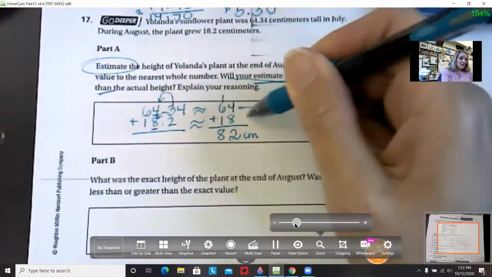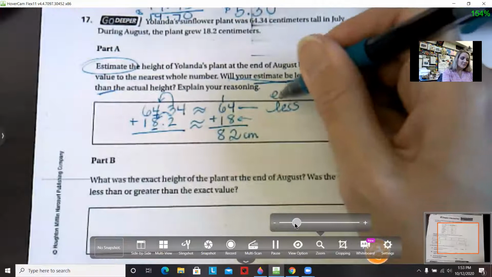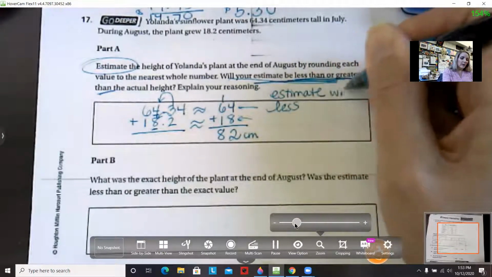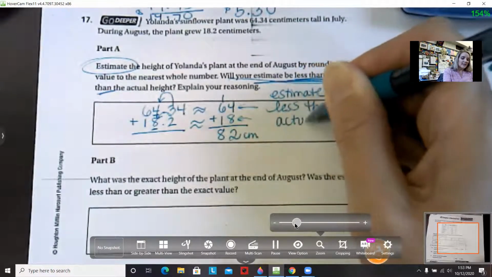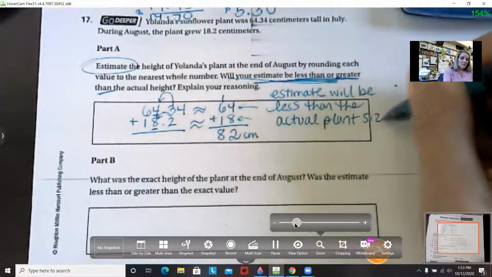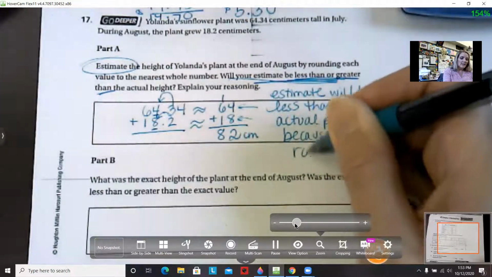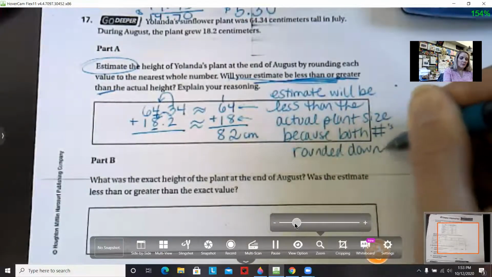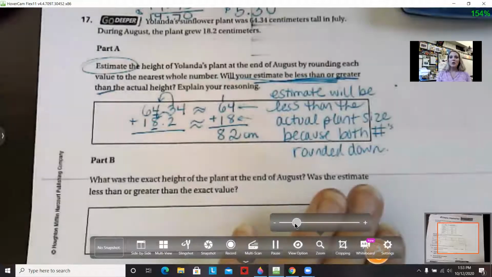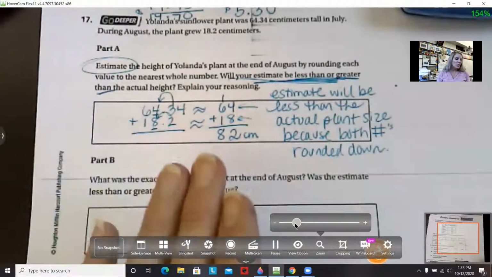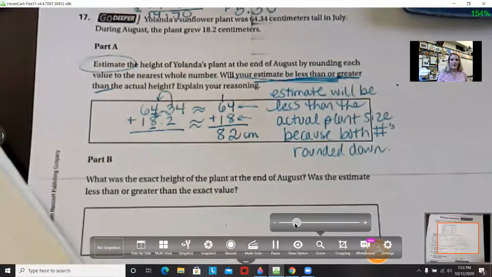So if we rounded both of these down, my estimate will be less than the actual plant size because both numbers rounded down. If I would round up, then that would be an overestimate, we call it. So we call this an underestimate. Because we rounded both numbers down, it's going to be an underestimate, or an estimate that's less than the actual height.